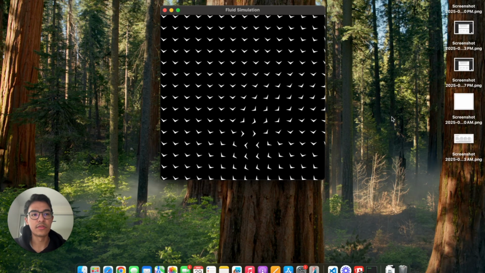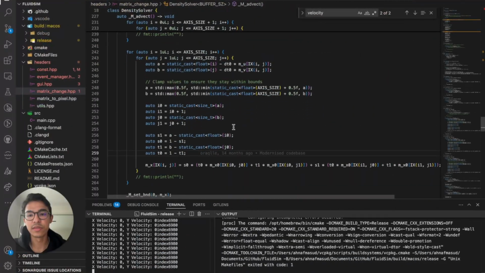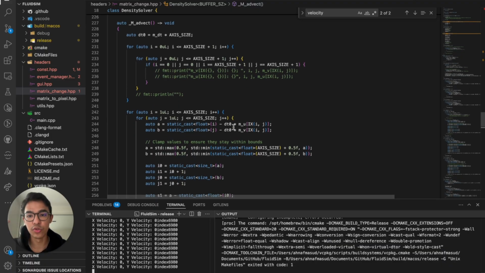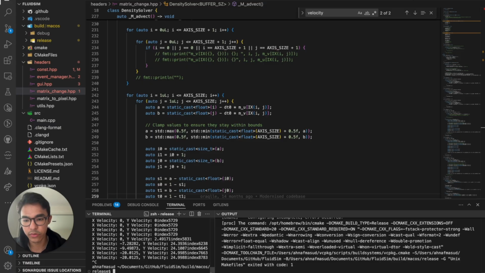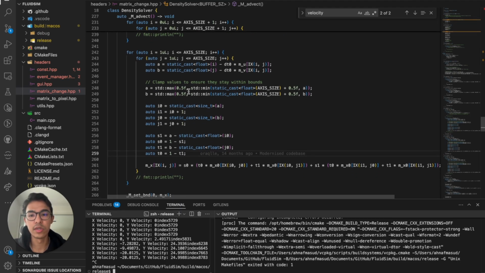Now I would like to focus on an interesting part of the code, which is the advect function, which allows the smoothing of the diffusion. For every cell, we compute a new position by looking backwards along the velocity vectors. Imagine you're trying to figure out where the puff of smoke or the ink came from in the previous moment in time.